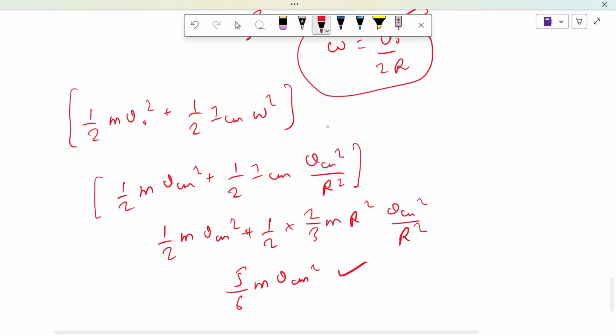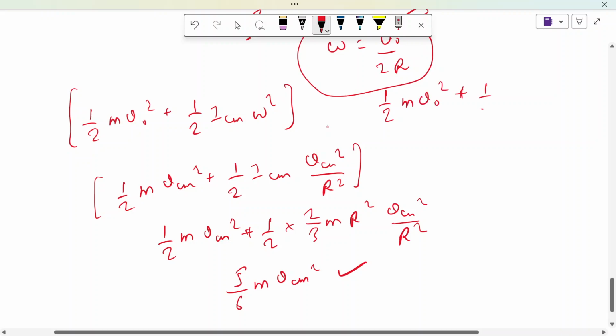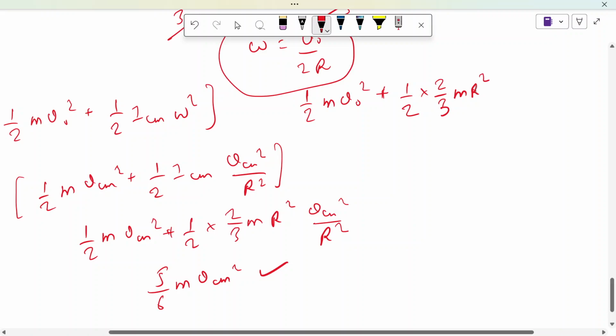And the initial value is 1 by 2 into m v naught square plus 1 by 2 into Icm. Icm is clearly 2 by 3 into mr square multiplied by omega square, whose value is v naught square by 4r square.